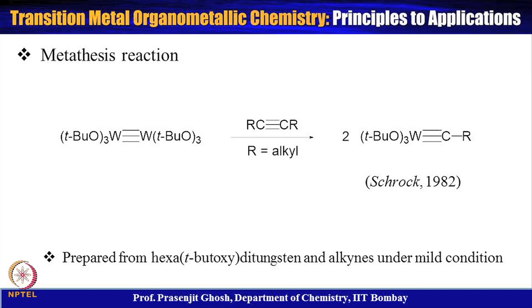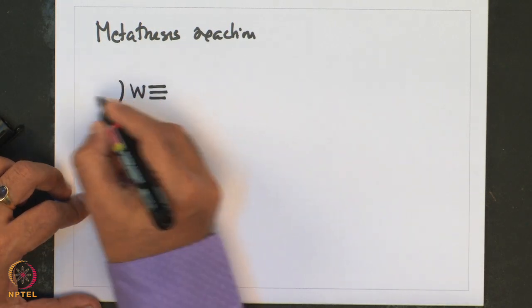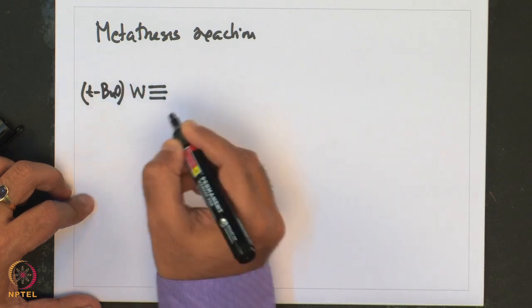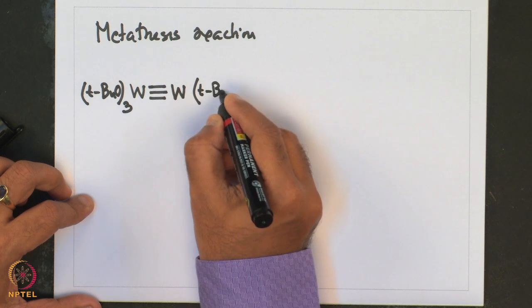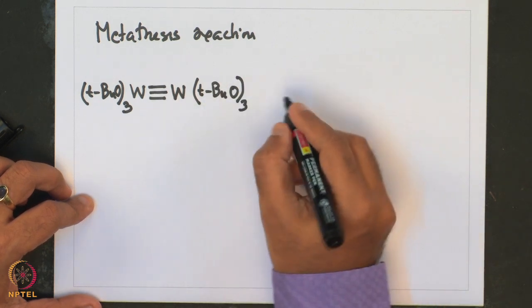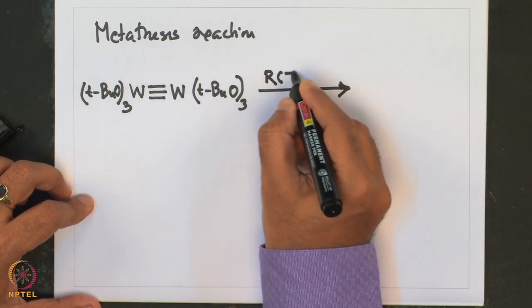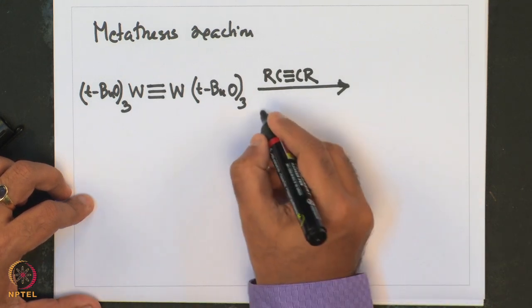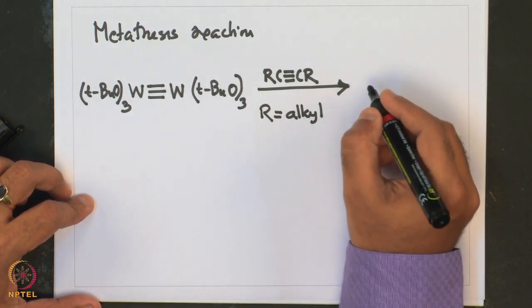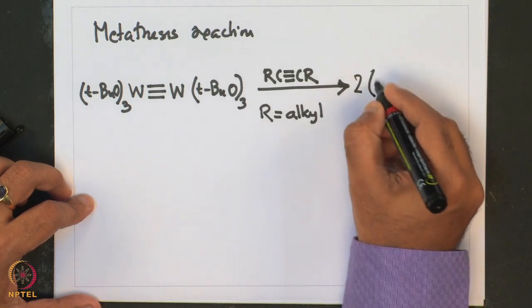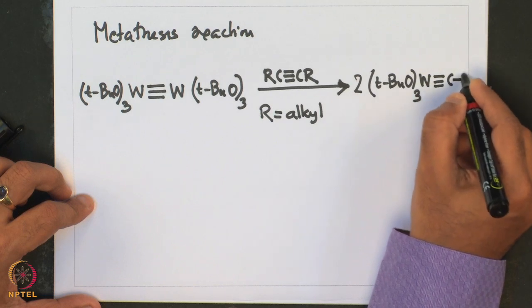The example of this reaction involves tungsten tungstate oxide, W(OR)3, that reacts with an alkyne where R is an alkyl to give 2 of W(OR)3≡CR.